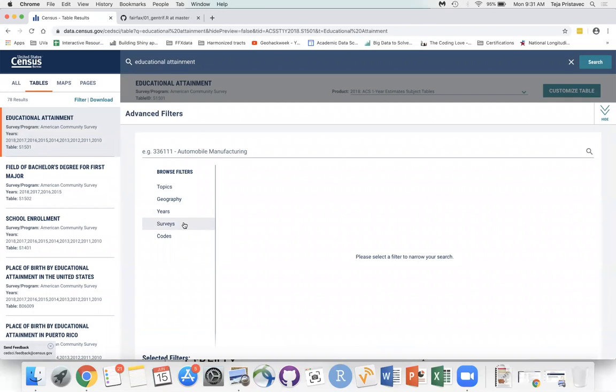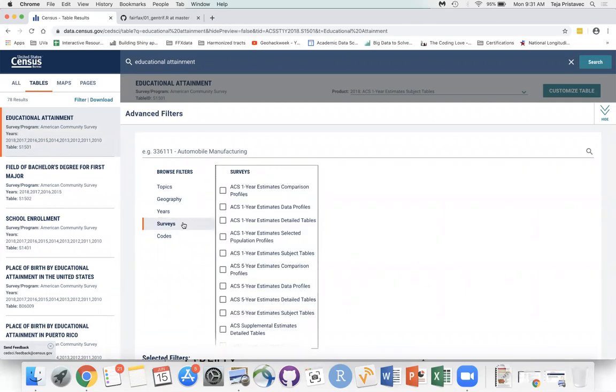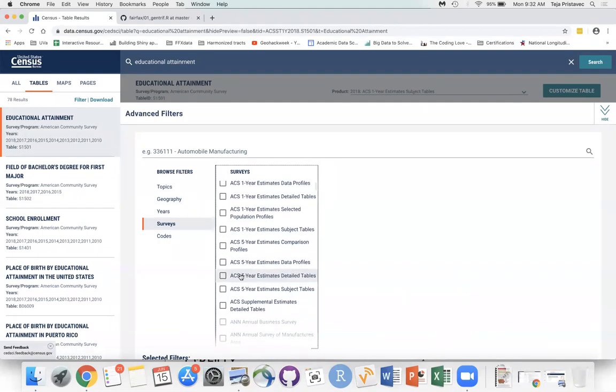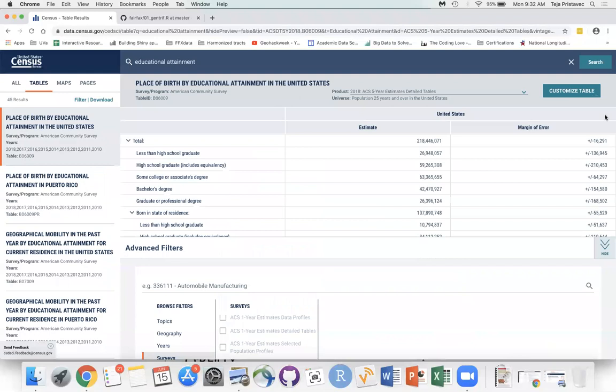For the purposes of this demonstration, I'm just going to say I need something at the tract level. So I already know that I need to go to the 5-year estimates. And because I know that I'm looking for some really detailed information about education, I'm going to go to the 5-year detailed estimates tables. So only show me the search results that are in the 5-year estimates detailed tables. I'm going to filter it to this.